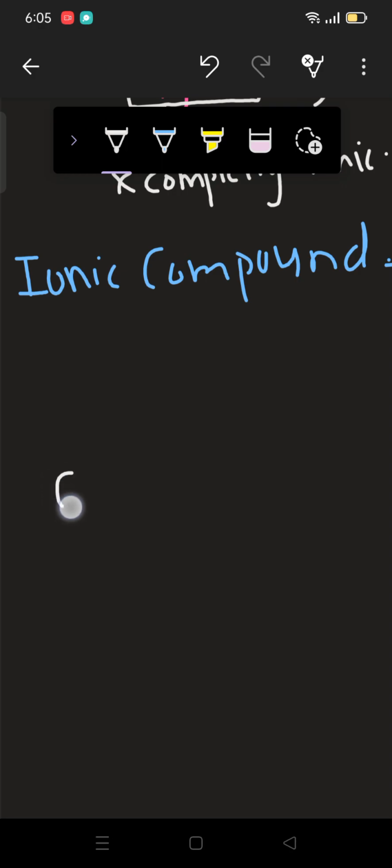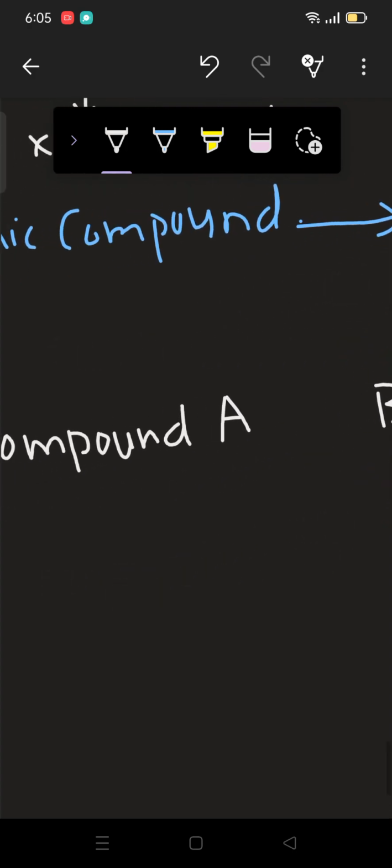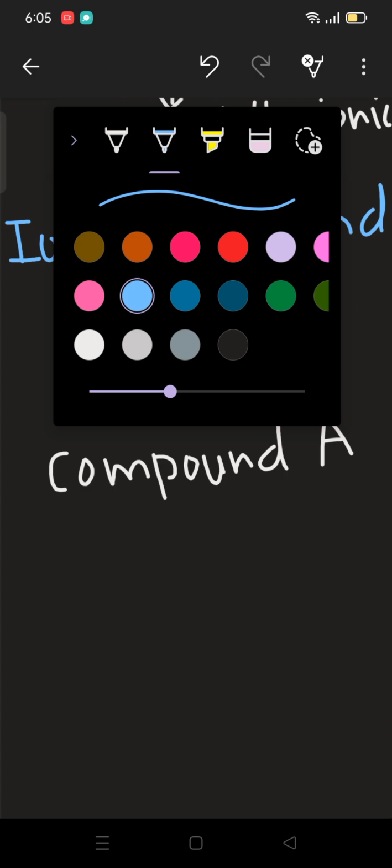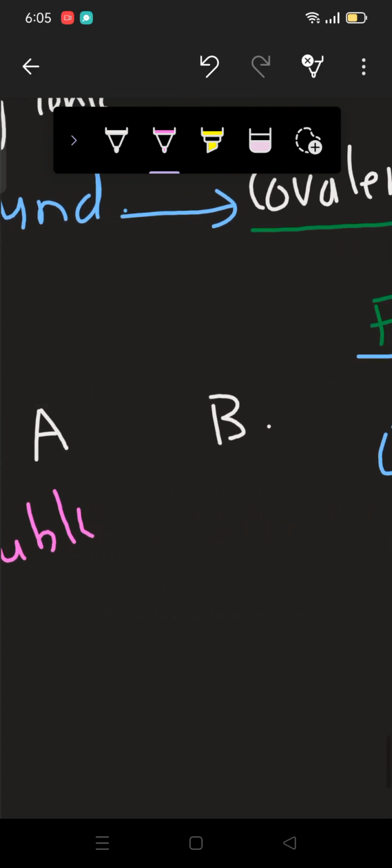If I have compound A and here I have compound B, this is more soluble, this is less soluble.